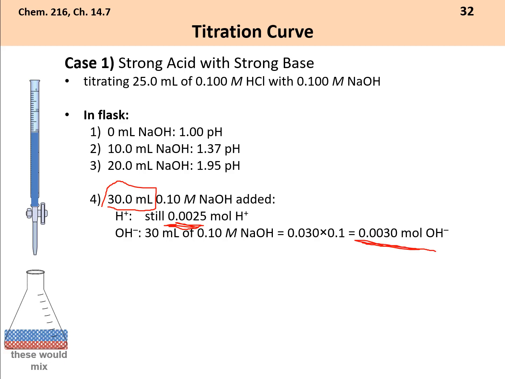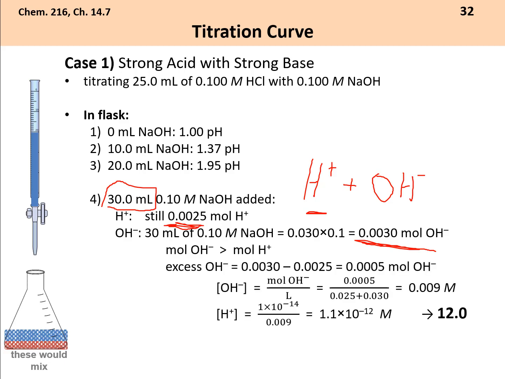So which one is my limiting reactant? In this case, my H+ is my limiting reactant. So all my H+ is going to react, and I'm going to end up with excess OH-.